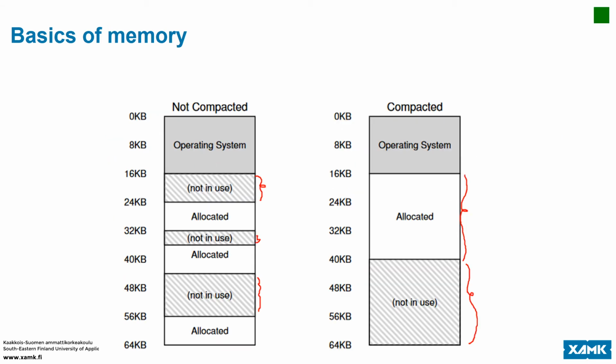Of course, having the memory divided into many blocks means that memory use is not especially efficient. So we might end up with some segments in the memory which are currently not in use.